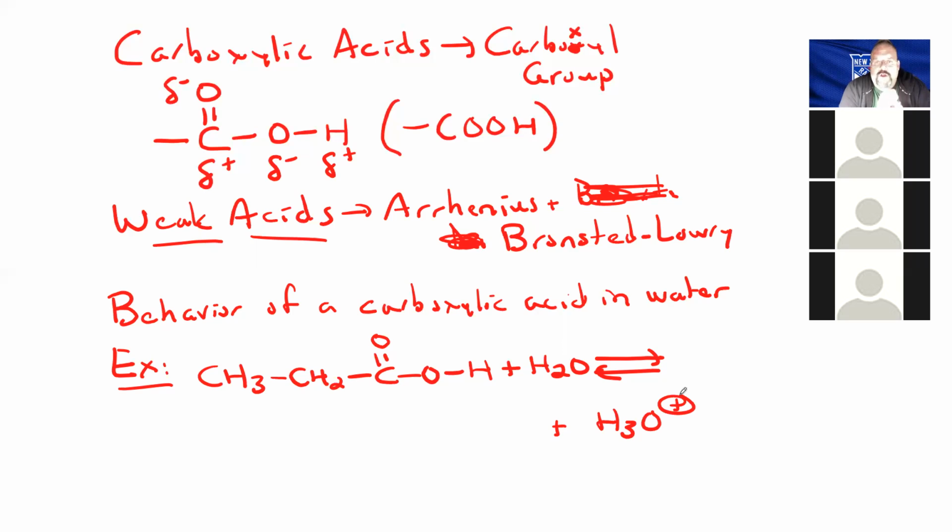And what we want to focus on here is where the dissociation takes place. It turns out that a carboxylic acid dissociates between the O and the H of the carboxyl group. And that hydrogen comes off as H+.